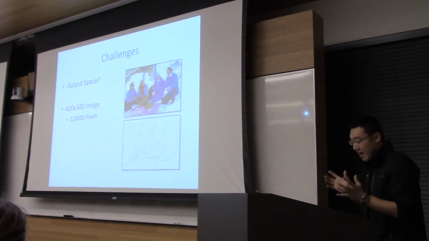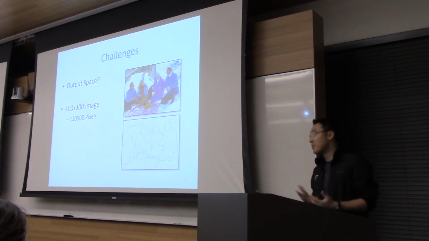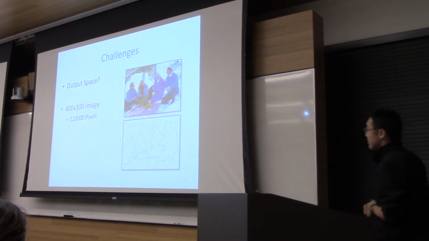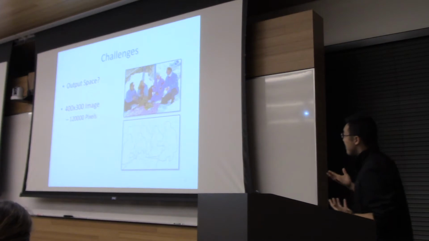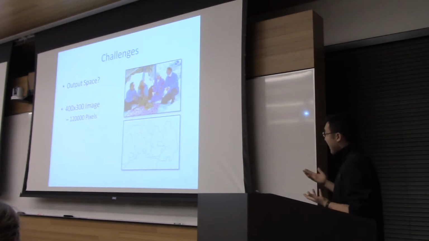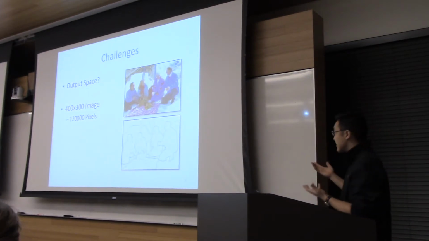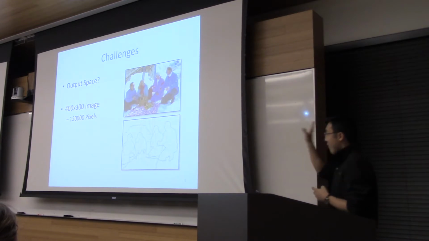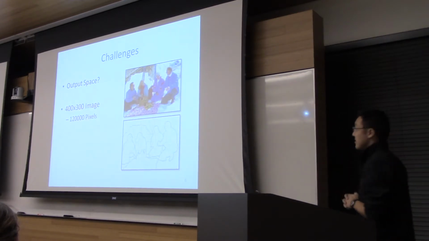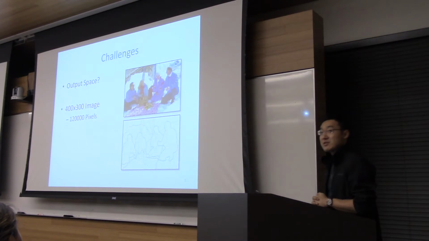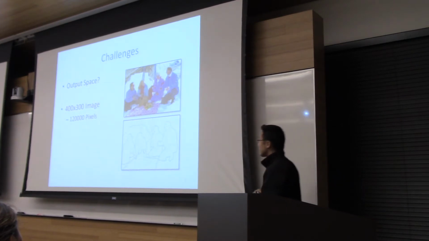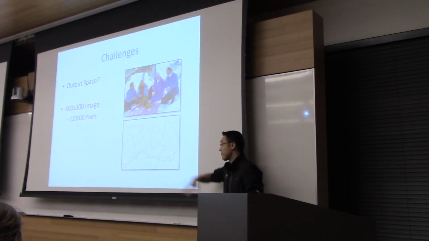Obviously this is not just a very simple classification or regression problem. The output space here is a space of black and white pixel maps, or grayscale pixel maps. For a 400 by 300 image, which is what this is, there are 120,000 pixels. So if you want to actually predict in this output space, you have to predict over 120,000 numbers.